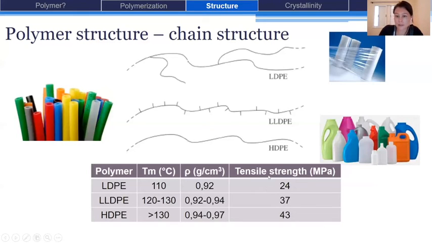And the tensile strength is also increasing. So you have the same chemical structure, but the chain structure is different, and so the properties of the polymer are different, and so they are used for different purposes, for different products.